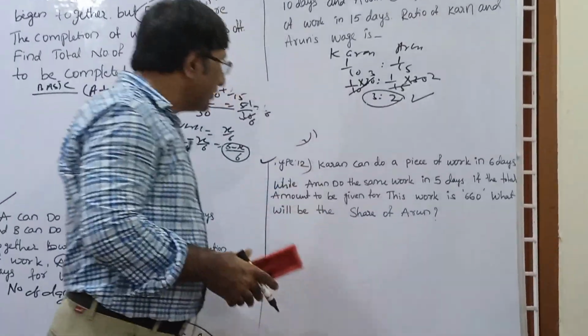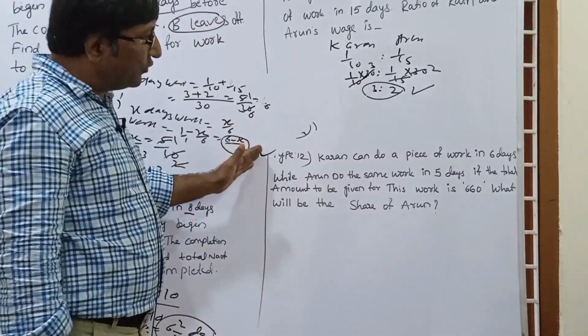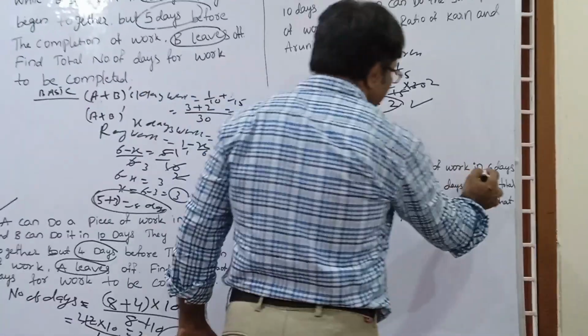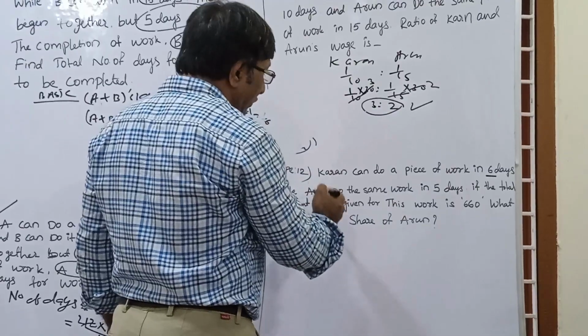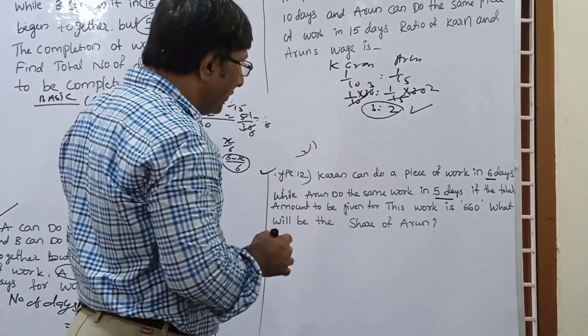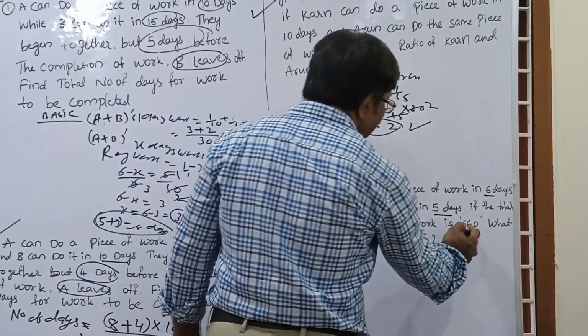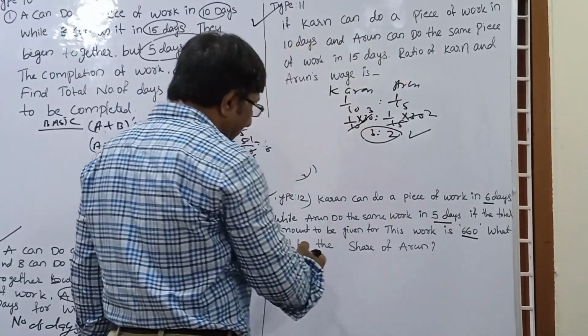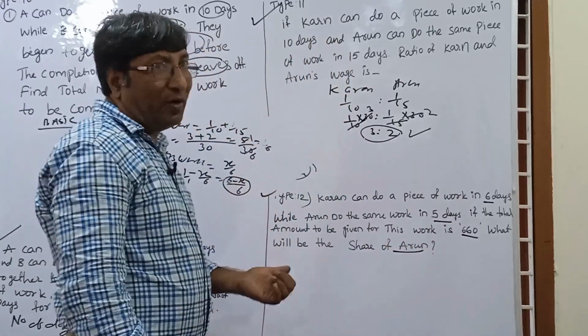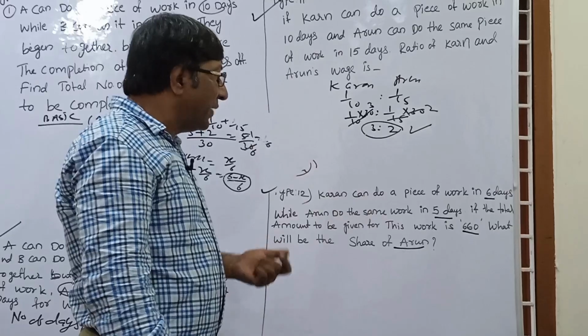Now see the next question. This is the type number 12 question. Karan can do a piece of work in 6 days, while Arun does the same work in 5 days. If the total amount to be given for this work is 660, what will be the share of Arun? This question of type number 12 is related to type number 11.